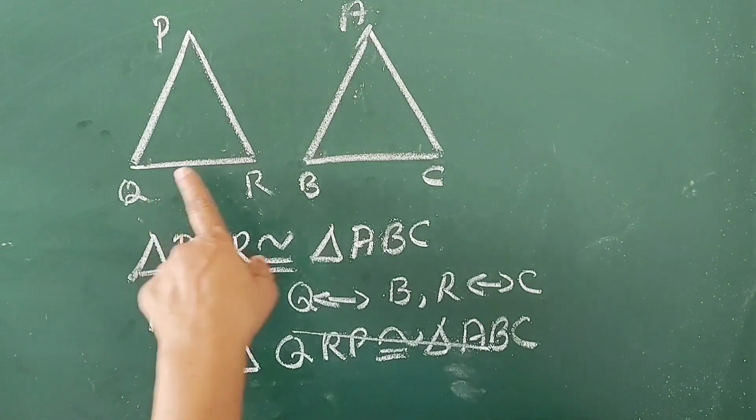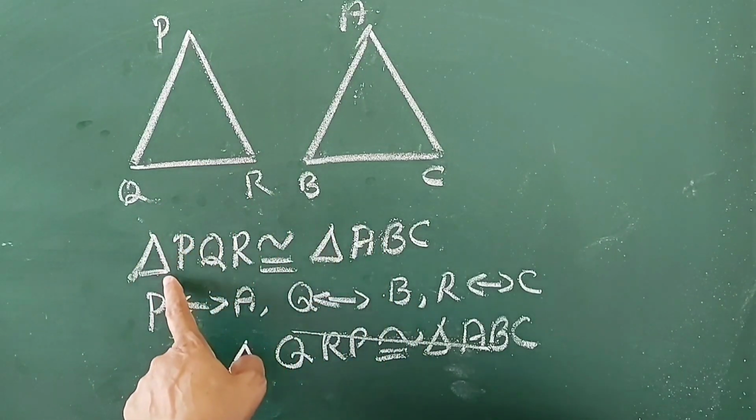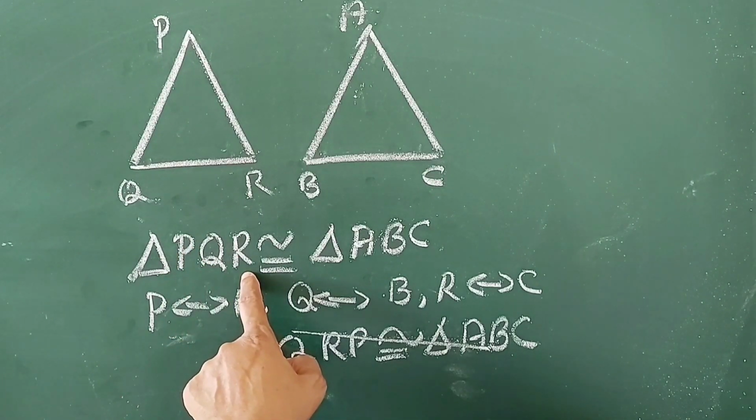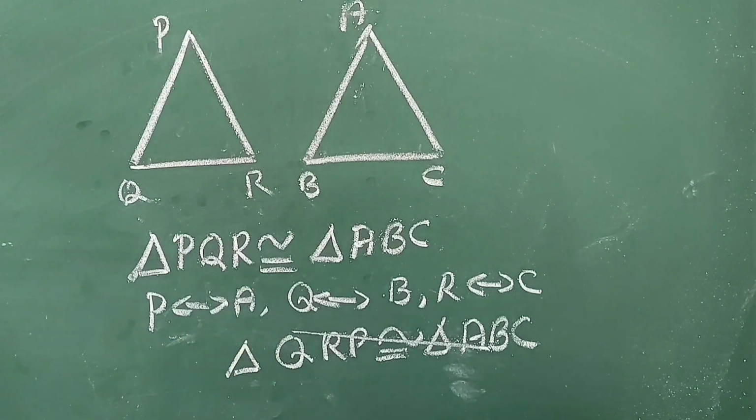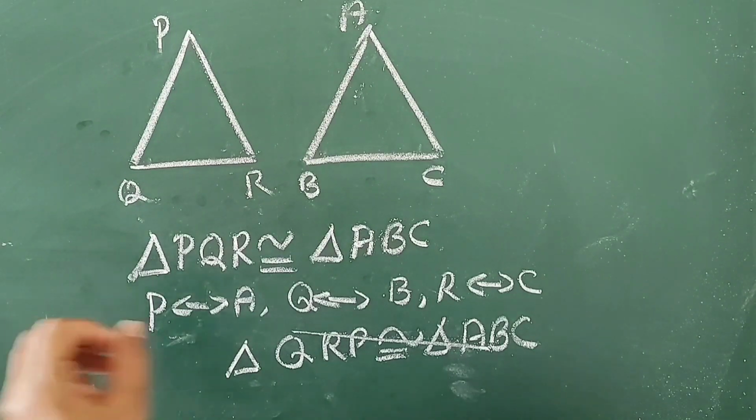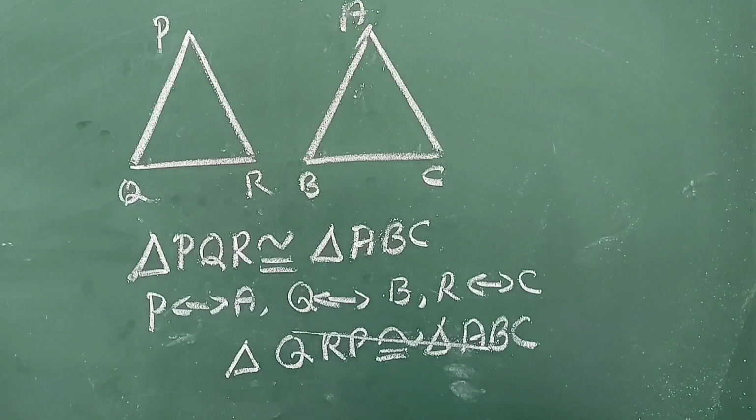If two triangles are congruent, that is, triangle PQR congruent to triangle ABC, then there exist correspondences.